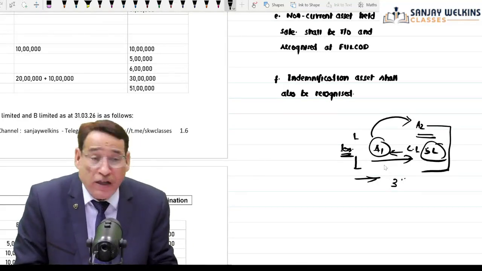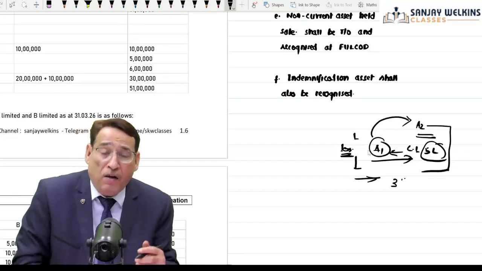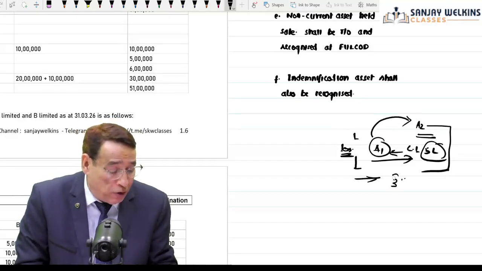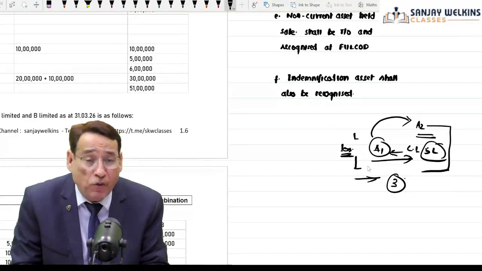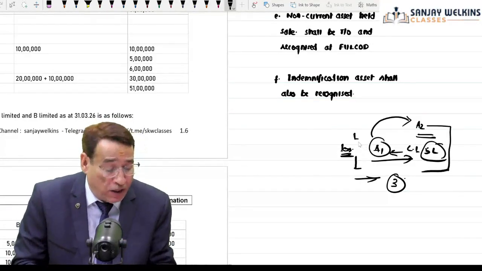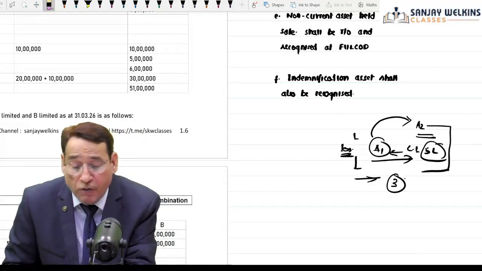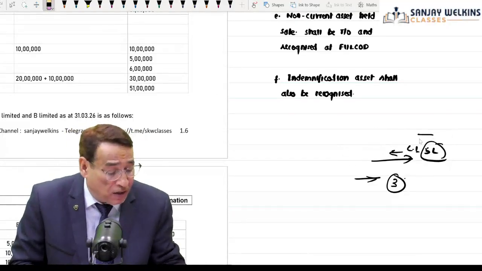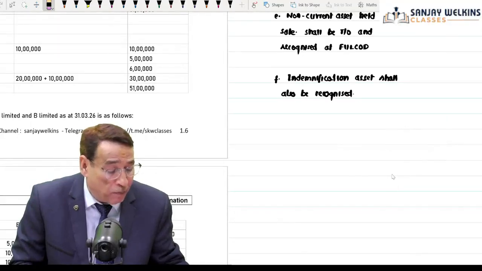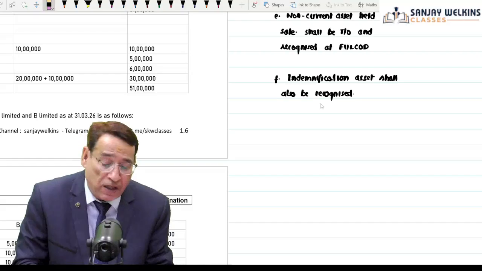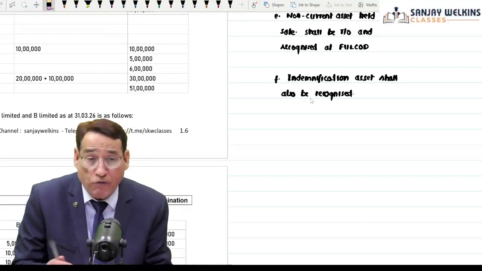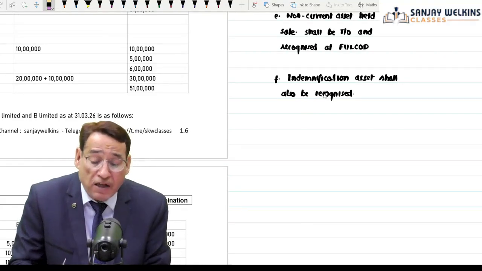That means we are giving a promise that we are going to indemnify you, we are going to compensate you in case you incur any loss on account of this contingent liability taken over. Correct? So in simple words, an indemnification asset is the promised amount, and the standard states that any indemnification asset, in case it's there, you will have to recognize it. So these are some important points.